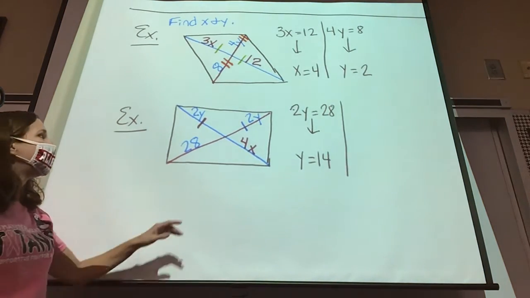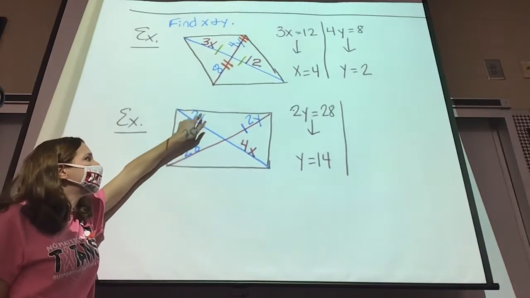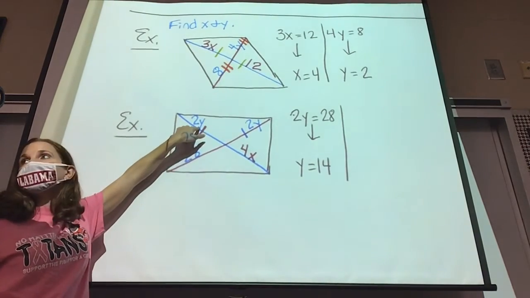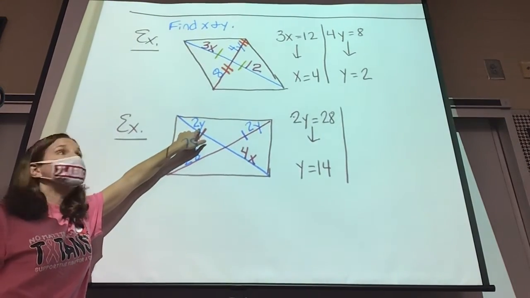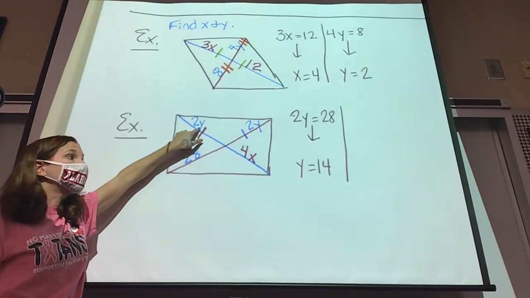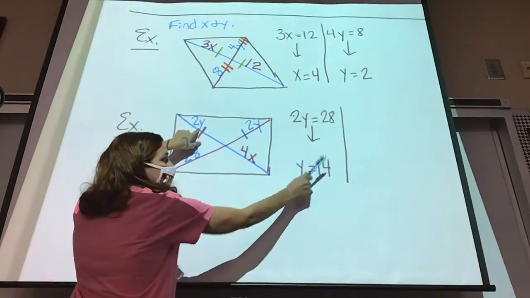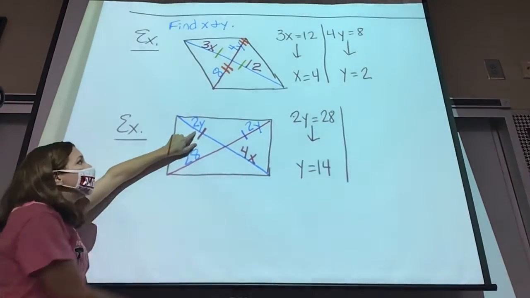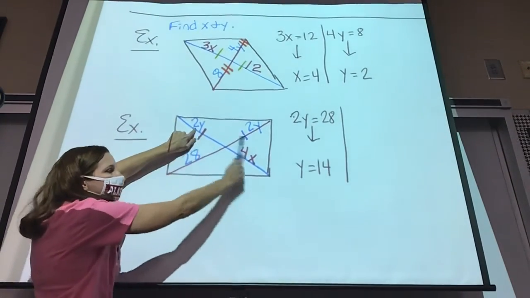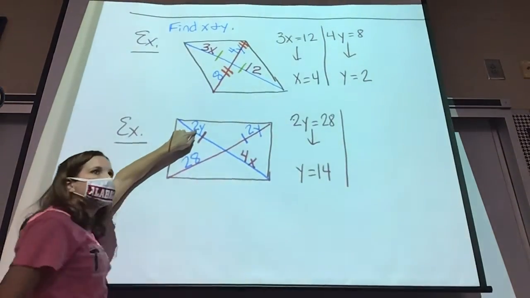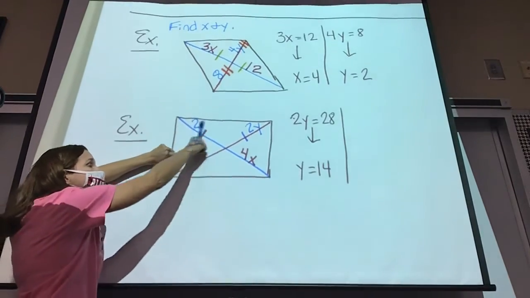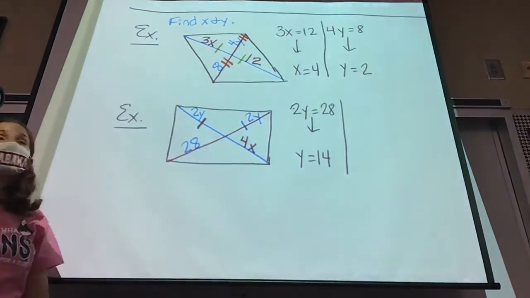Okay, now, they didn't tell you what this is, but what do you know that y is? 14, we just found it. So if this is 2y, that's 2 times 14. So this is really 28.